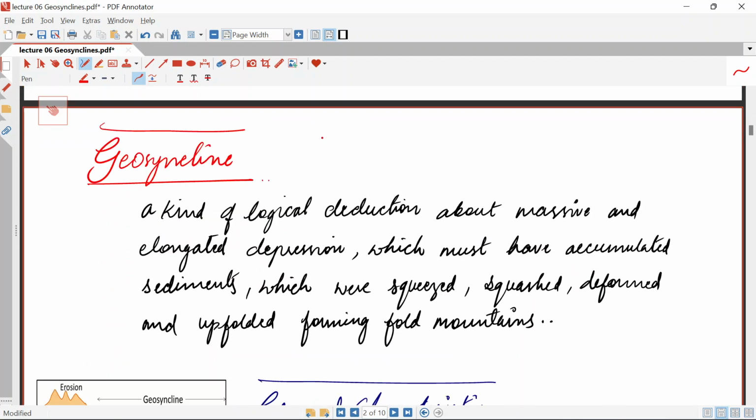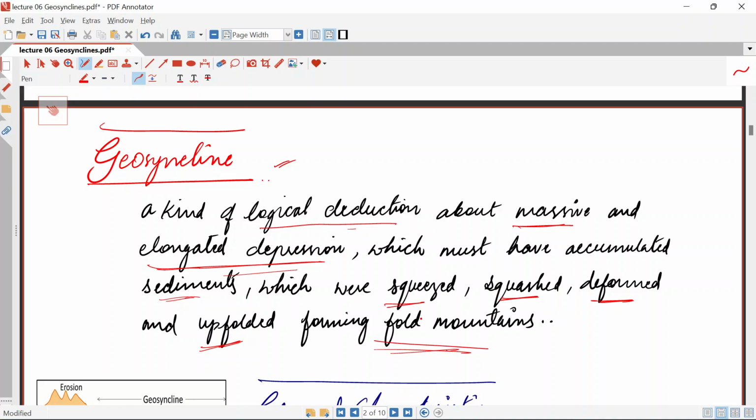So first, what is a geosyncline? A geosyncline is a logical deduction about a massive, elongated depression, which must have accumulated sediments that are squeezed, squashed, deformed, and upfolded, forming fold mountains.